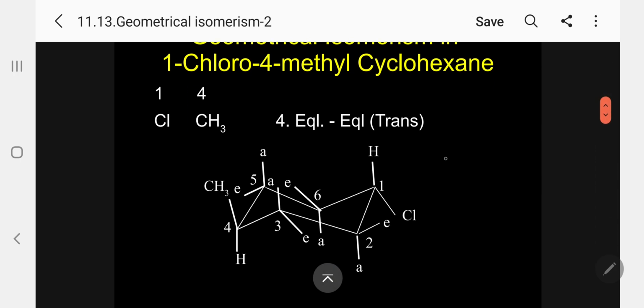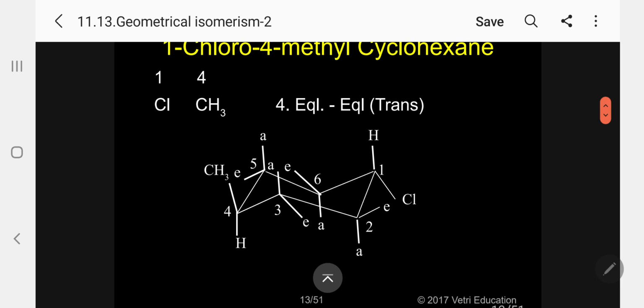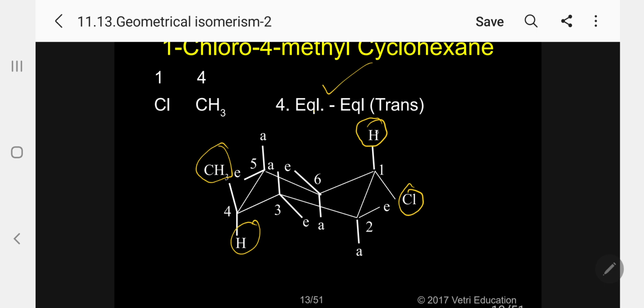The fourth example, consider again 1: here hydrogen is axial, chlorine is equatorial and methyl is also equatorial, but we are considering only hydrogen. Hydrogen in the opposite direction, here axial, so it is trans.